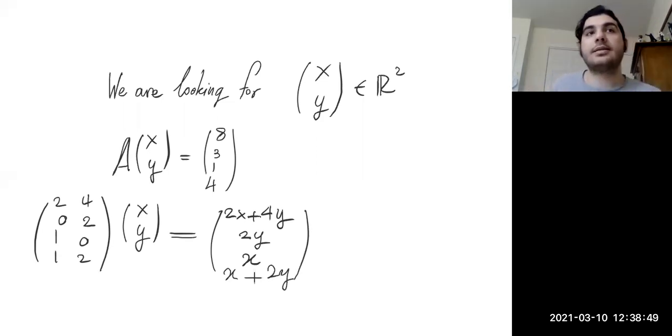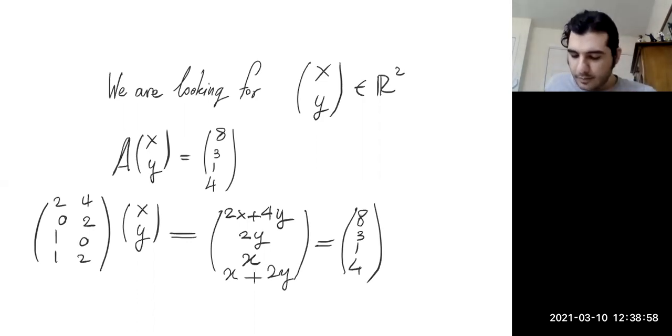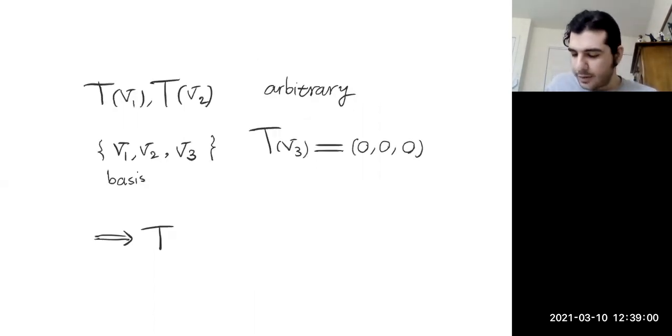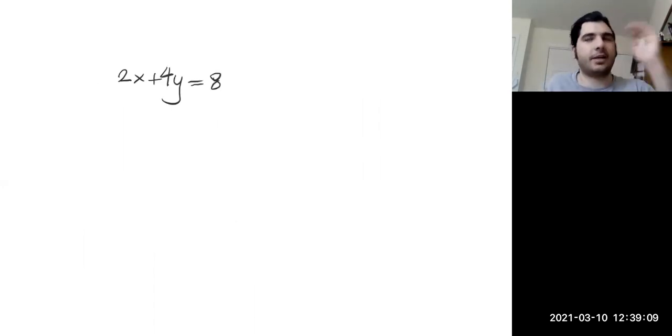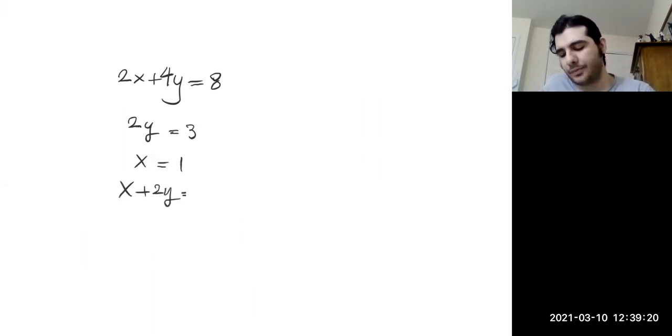And we want this thing to be equal to this given vector v, 8, 3, 1, 4. Now we should set them equal. If we do that, we get some equations. We get 2x plus 4y should be equal to 8. So the first element of each vector should be equal to the first element of the other vector, and so on. 2y should be equal to 3, x should be equal to 1, x plus 2y should be equal to 4.